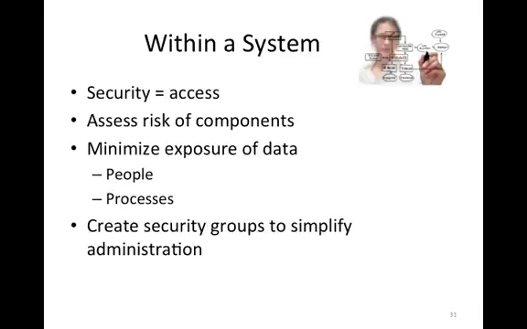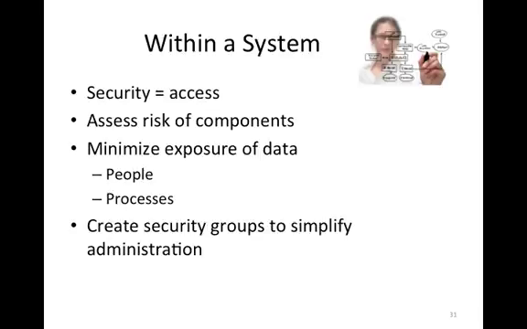It starts to get really complicated. So one way that we can try to simplify the administration, and the more complicated the administration, actually the less secure a system can be, the more likely an error will be introduced into the management of the access control.